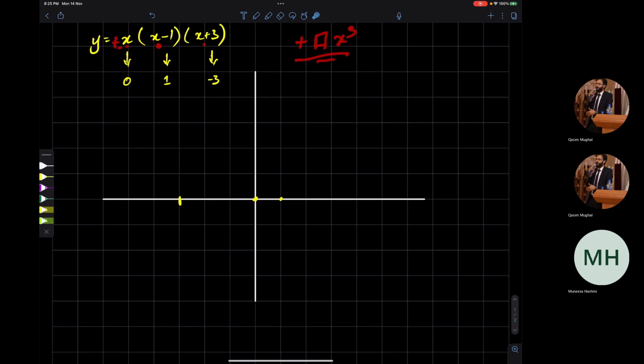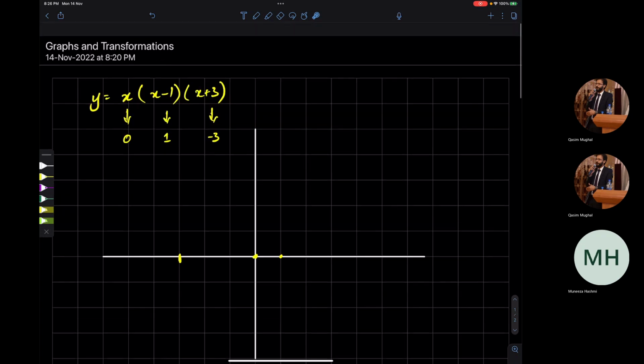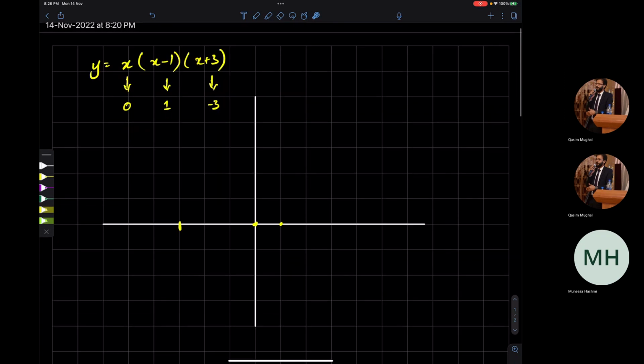The x here is positive, x here is positive, and x here is positive. So plus times plus times plus is going to be plus. So you have a positive coefficient of x cubed, which is going to give you an overall increasing positive gradient. So the graph is going to be either of this nature or this nature.